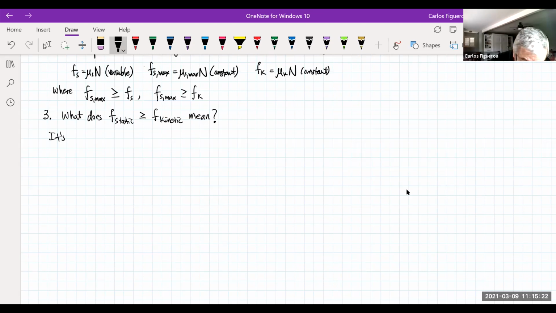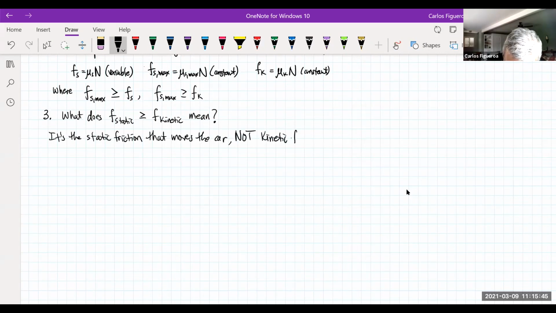It's the static friction that moves the car, not kinetic friction. Not kinetic friction.